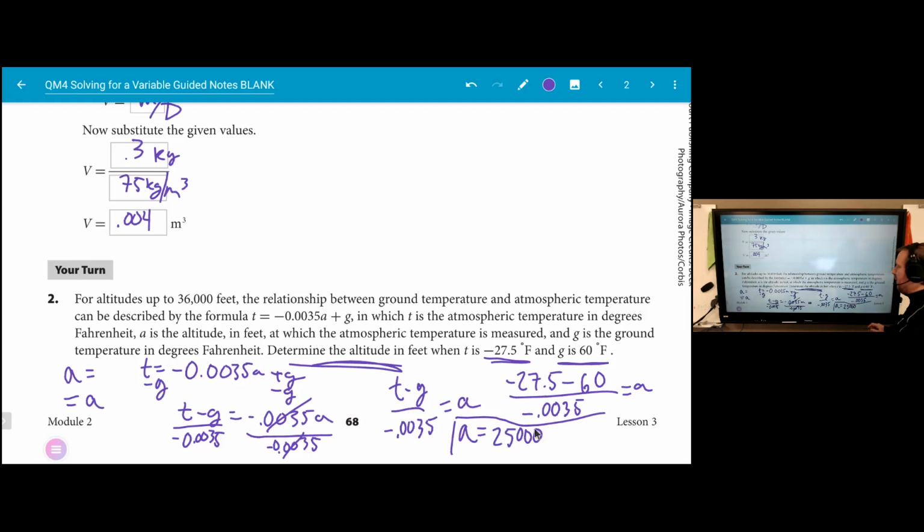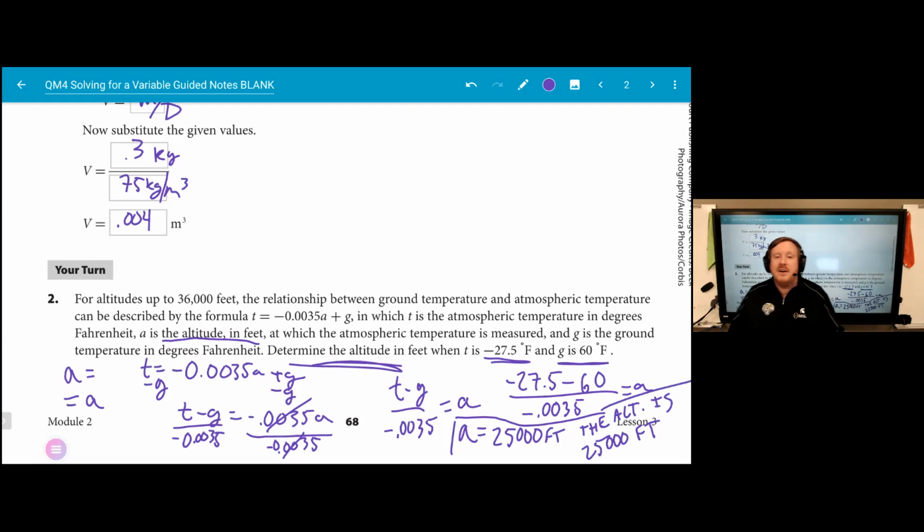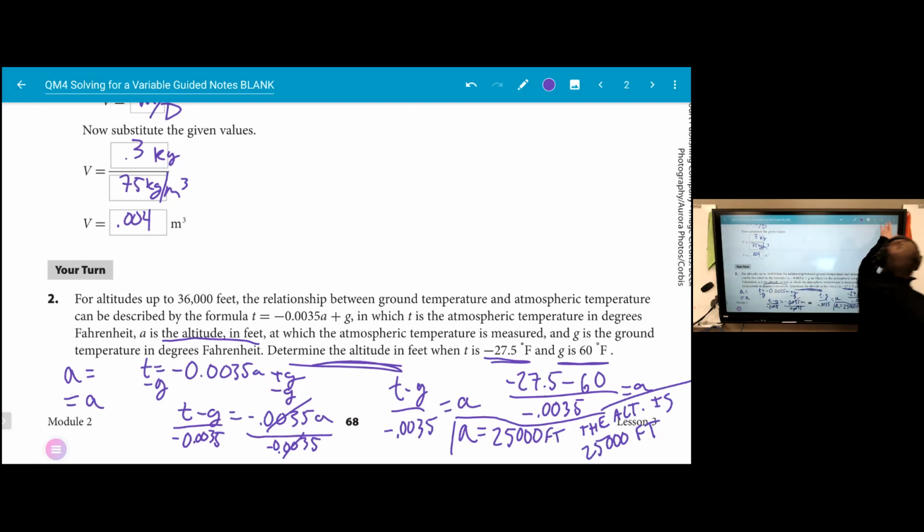And what is A? What's the units for A? A is the altitude in feet. So the altitude is 25,000 feet. Again, the most important thing here is that you're rearranging these equations. All right, let's go on to the next page.